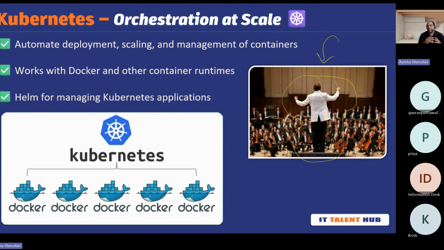This is nothing but an orchestra. They are playing some instruments, and this person is waving the hand and giving guidelines, just maintaining the flow. In the same way, by using Kubernetes we can manage all of our Docker hosts.